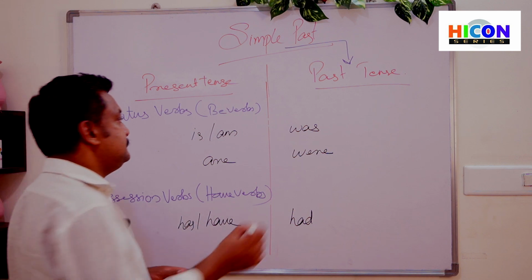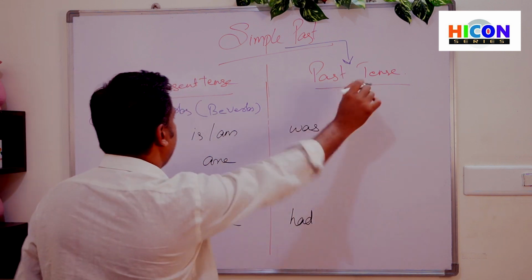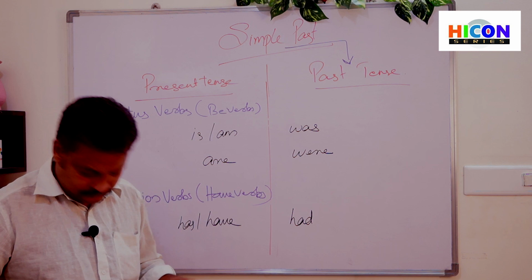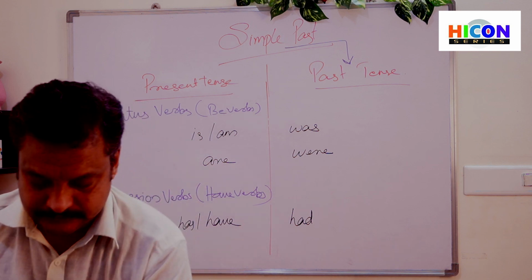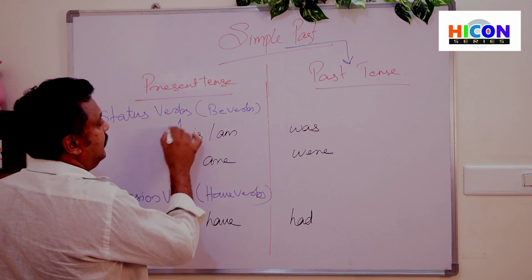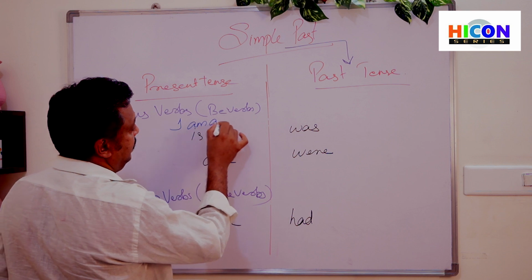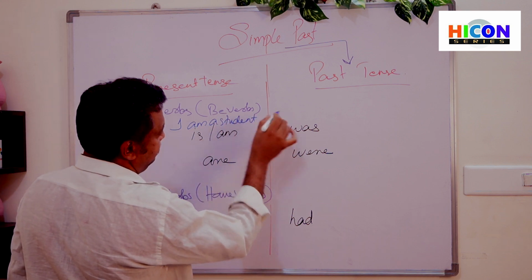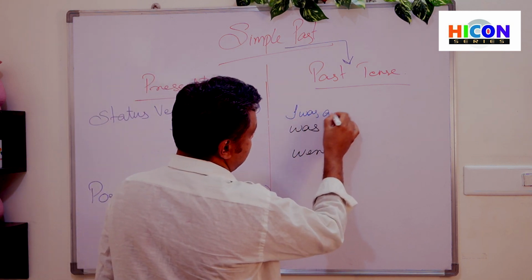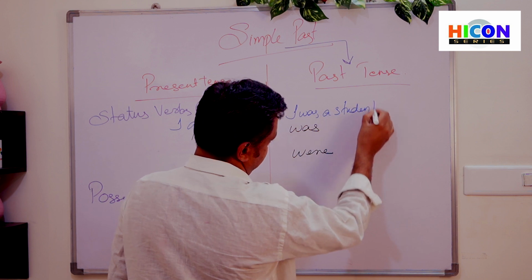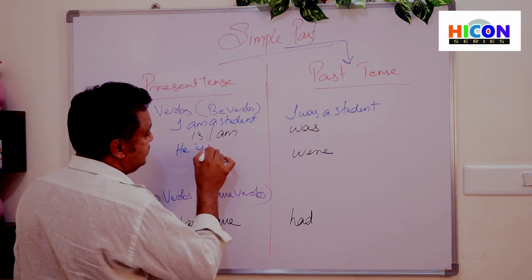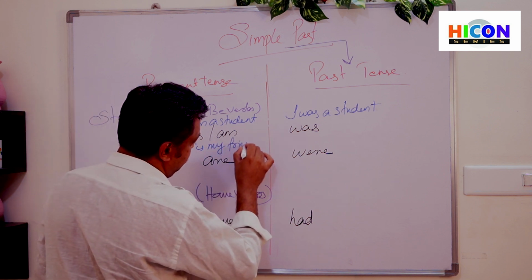Okay. For example, I'll write in another color. I am a student, in present tense. In past tense that becomes I was a student. We can write he is my friend.